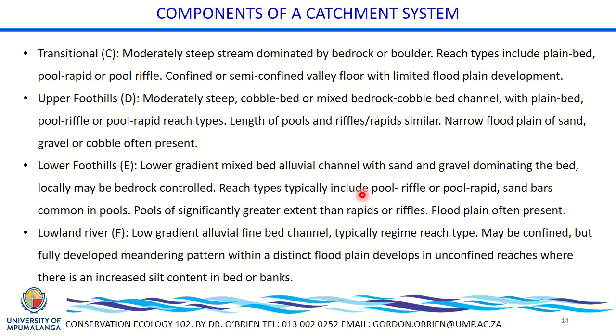Then we move down to upper foothills, lowland rivers, and you can see that the characteristics of the system change. In the upper fast areas, you get a lot of high velocities. You can move these big boulders. As you get down towards the lowland rivers, can you see the velocity slow down? You don't move these big boulders anymore.